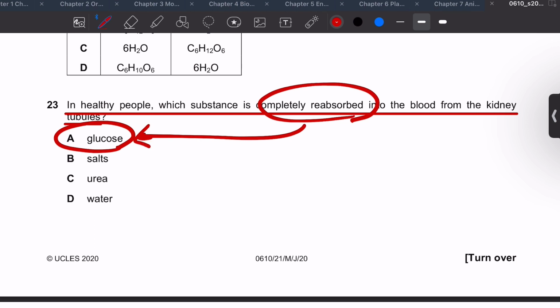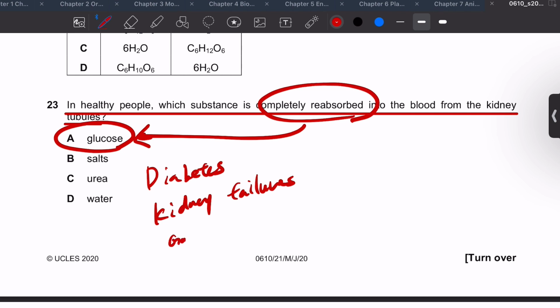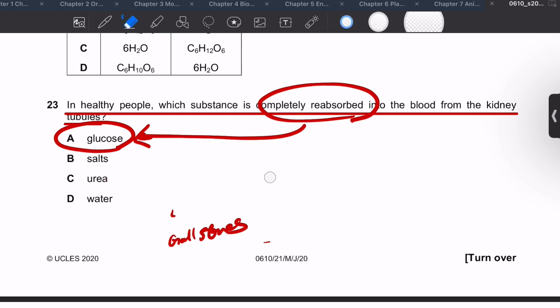The only times that we don't completely reabsorb them is if there's a lot of glucose molecules inside our body due to diabetes or kidney failure, then you can't completely reabsorb all of them, and that can actually become quite a bit of a problem.